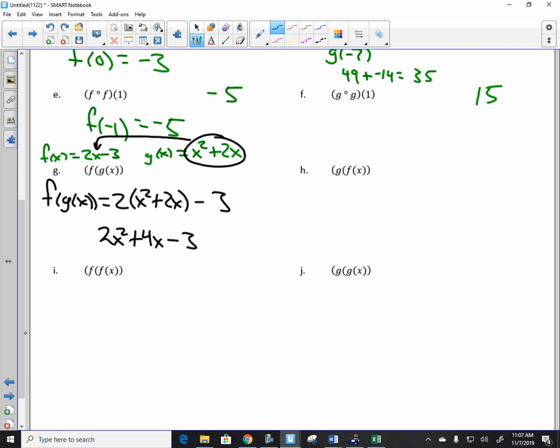Try letter H on your own. Please write your answer without any parentheses.